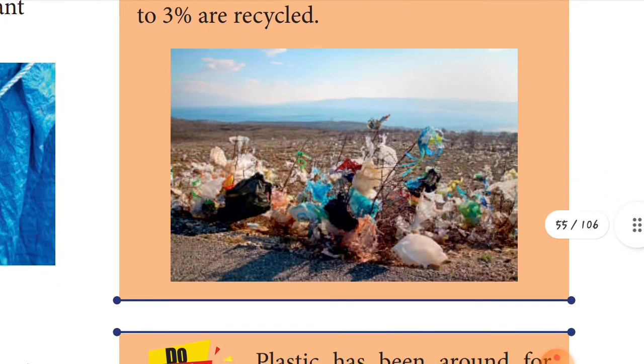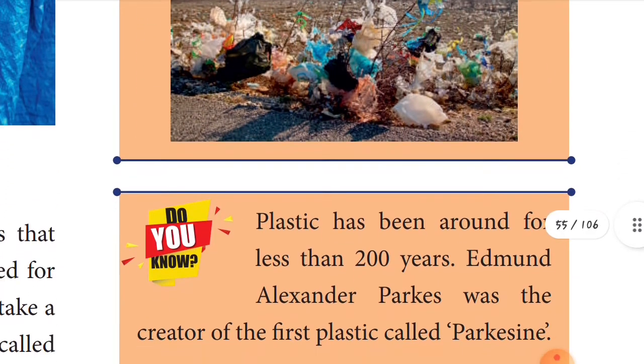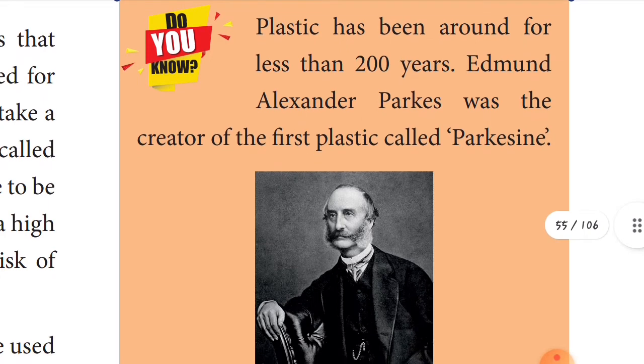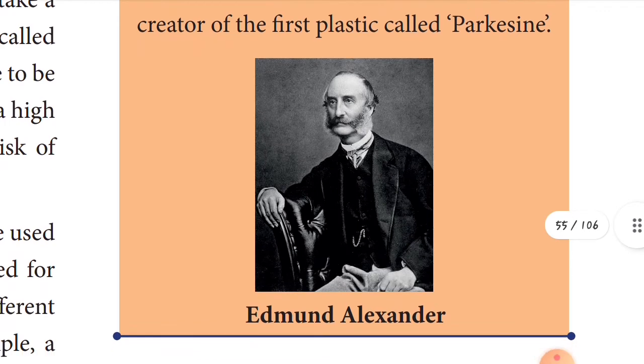See this diagram? Plastics have been around for less than 200 years. Alexander Parkes was the creator of the first plastic, called Parkesine. So here, the name Alexander Parkes, he is one of the fathers of plastics. Fine.